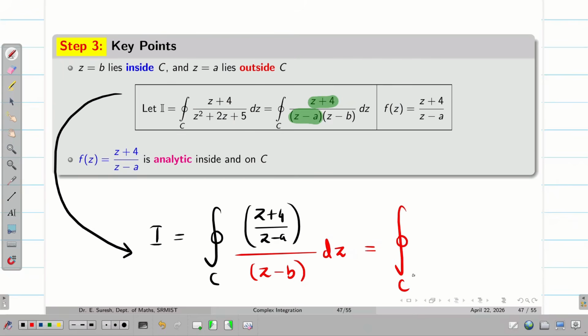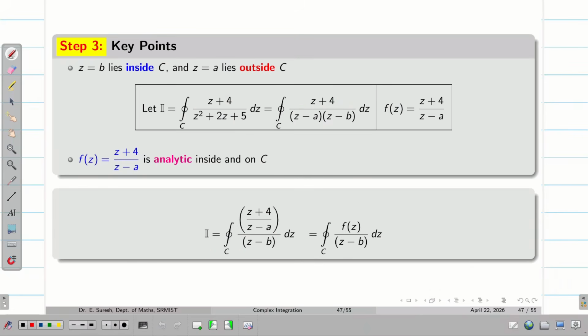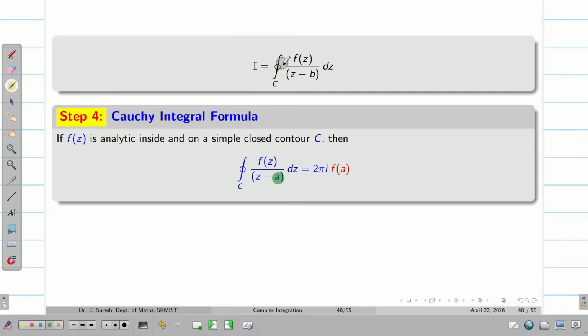Therefore integral over C of f of z divided by z minus b dz is my question. Next we have to compare this with Cauchy integral formula. According to the formula, the singular point is a, for us the singular point is b. So we can write this as capital I is equal to 2 pi i into f of b.